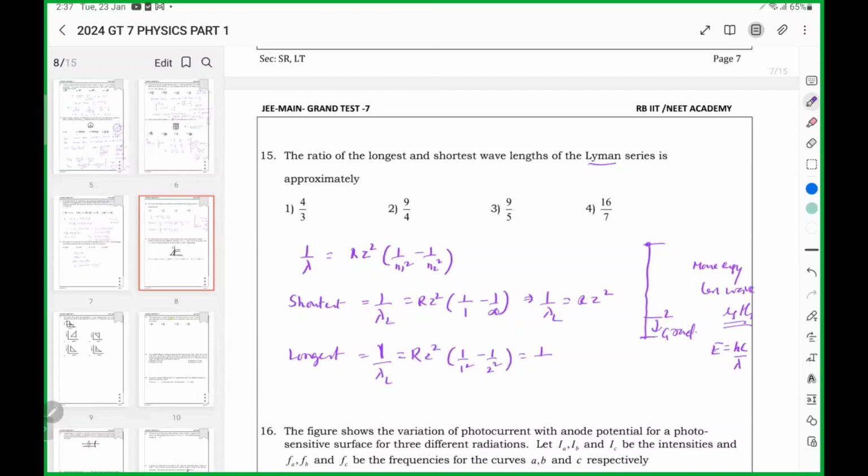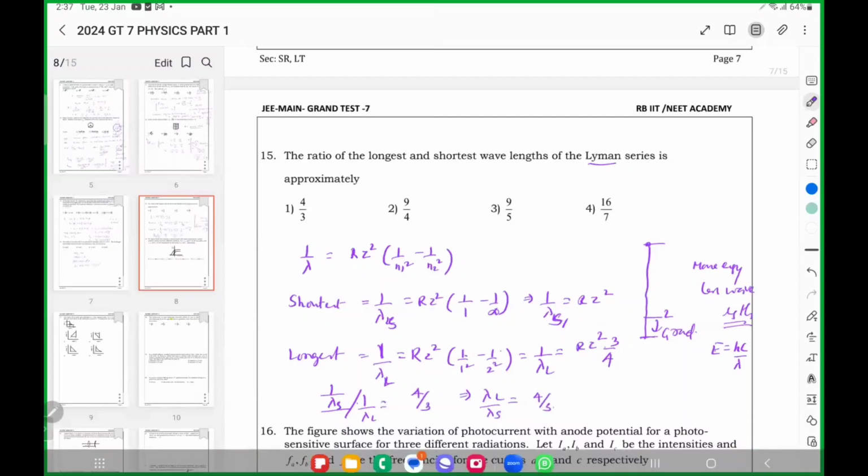So it is RZ square times 4 minus 1, 3 by 4. 1 by lambda S by 1 by lambda L, the RZ square gets cancelled. Longest to shortest is 4 by 3.